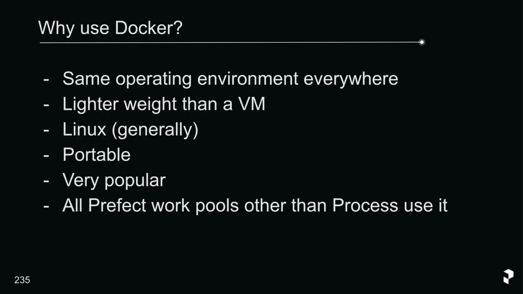Generally, it uses Linux, it's portable, it's popular, and a lot of Prefect work pools, other than the process work pool, are actually leveraging Docker in some way, shape, or form. So for example, the Kubernetes work pool leverages Docker containers and images. So does the ECS work pool, the Azure Container Instances work pool. There's just a bunch that make use of Docker.